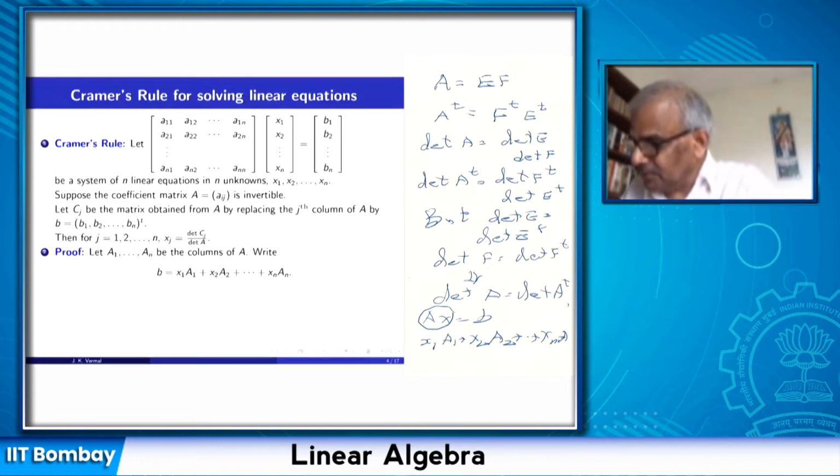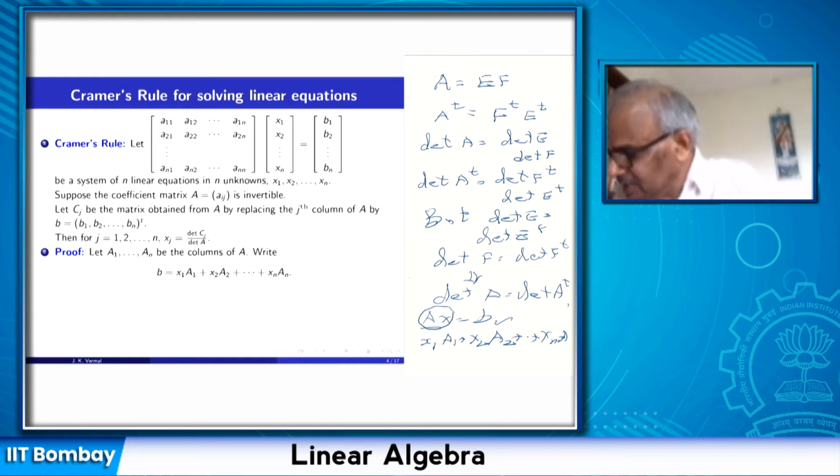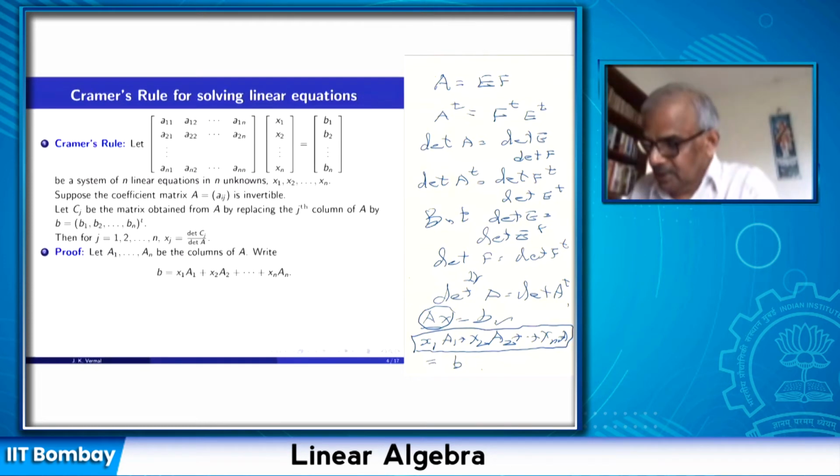The first component of Ax, which is b1, is the first row of A dotted with x. The second component of b is the second row of A dotted with x, and so on. That is one way of understanding Ax equal to b. Another way is that Ax is a linear combination of its column vectors, where the coefficients are the unknown quantities x1, x2, up to xn, and this is equal to the vector b.